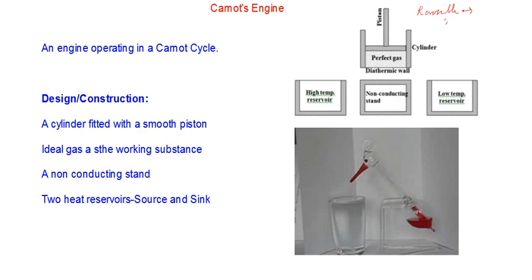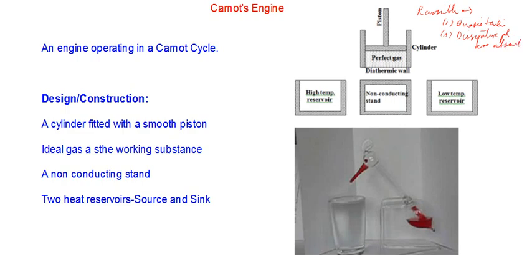One is that the process should occur quasi-statically, and the other condition was that there should not be any dissipative forces or dissipative phenomena occurring during the process. So dissipative phenomena are absent. So these are the conditions.